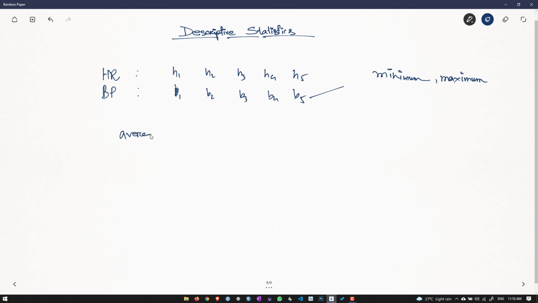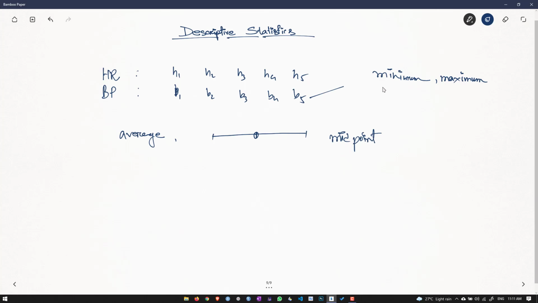Average is another characteristic. Next, you may be interested in what value lies at the exact midpoint. If I arrange the values in increasing order, what is the exact midpoint? That is another characteristic.